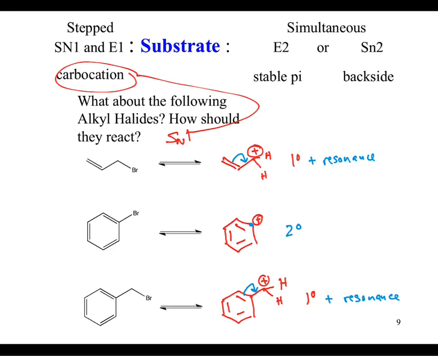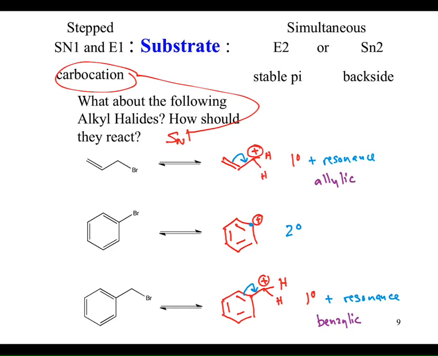So what does that mean? Well, it's so reactive and it runs counter to what we would expect, so we throw a name at it. The top one is typically referred to as an allylic position, and the bottom one is referred to as a benzylic position. That extra resonance makes a huge effect on our carbocation stability. And the second one, that ain't secondary.